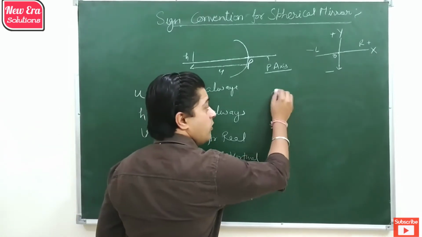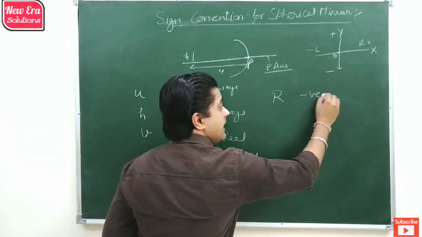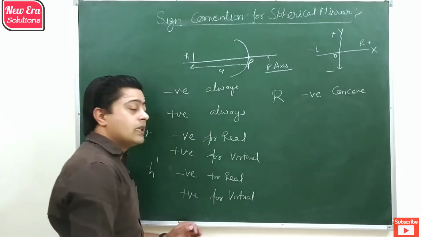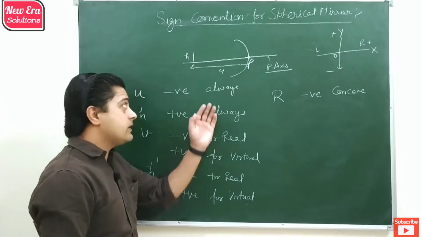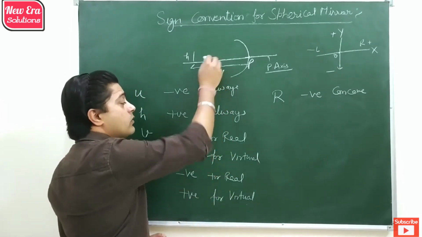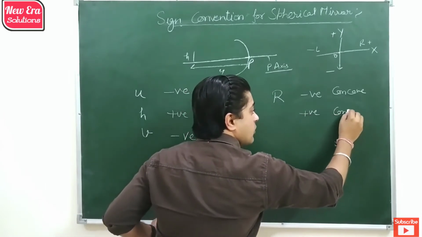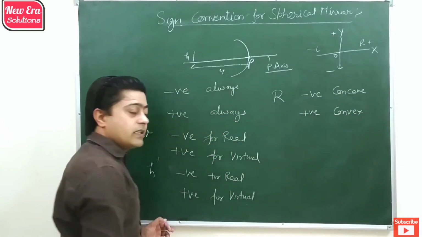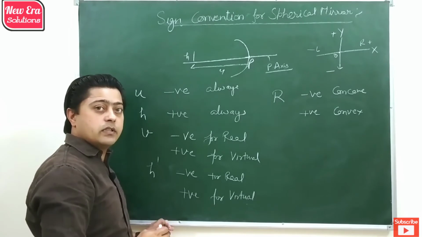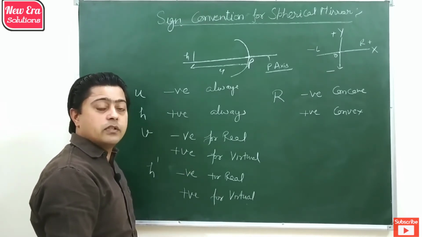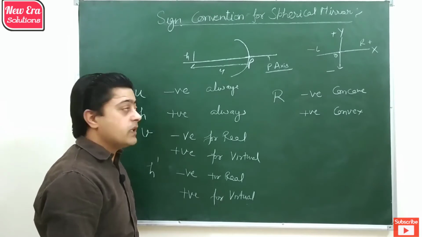Then the radius of curvature is negative for a concave mirror because the center of curvature lies towards the left hand side in a concave mirror, but it is positive for a convex mirror because in a convex mirror the radius of curvature lies toward the right hand side, since the center of curvature is virtual in a convex mirror.